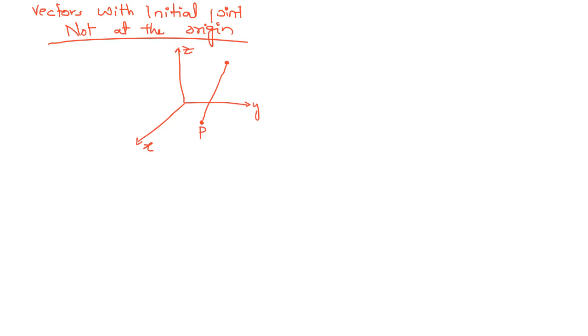For example, this is point 1 with coordinates x1, y1, and z1, and this is point 2, which is x2, y2, and z2. And you can find the vector P1P2.